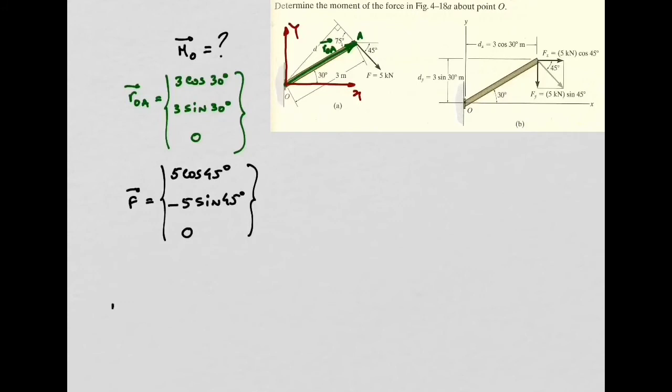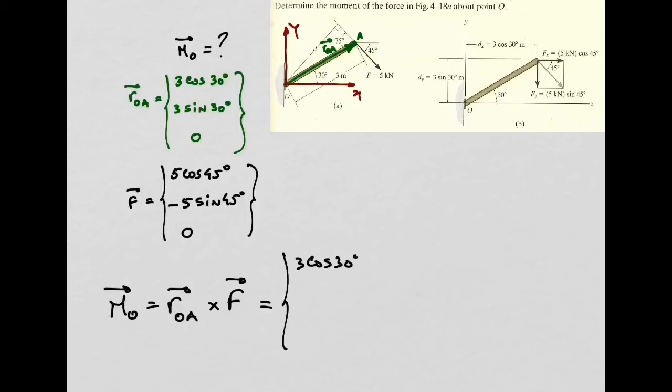What I'm going to do now is the cross product, in order to get the moment about point O produced by that force. These two vectors are completely defined, so I'm going to write them here again, cross product with the force vector.